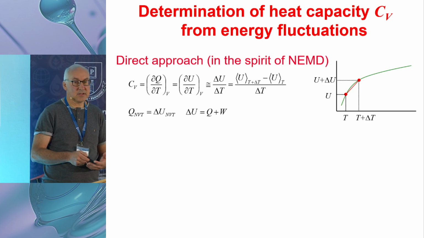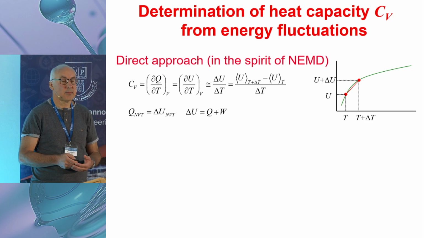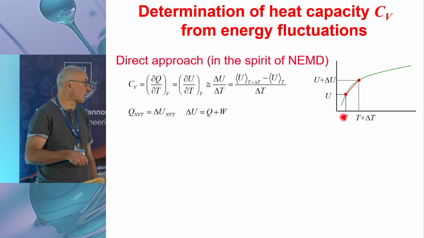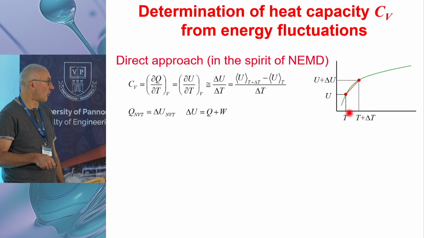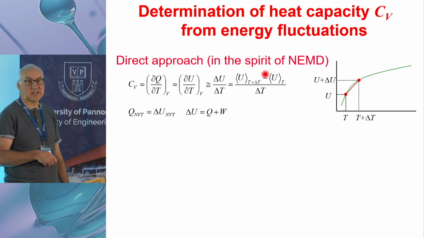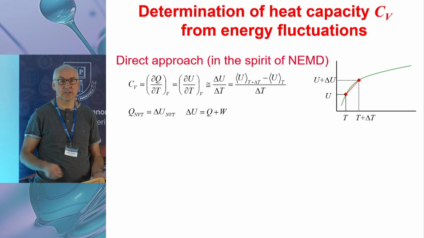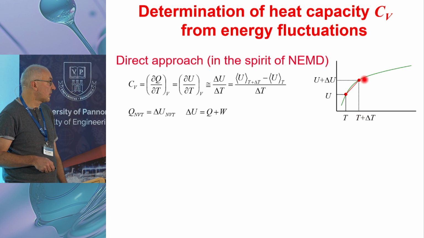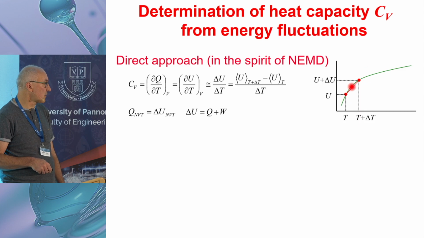In reality, it's not about two simulations, because typically you have to do at least 3 to 5 simulations to find the right delta T. If your delta T is too small, then this difference will be very small, and your capacity is determined with huge statistical inaccuracy. If you use too big a delta T, then of course both numbers are statistically fine, but your CV is not the CV at temperature T, but rather some average CV between these two temperatures.